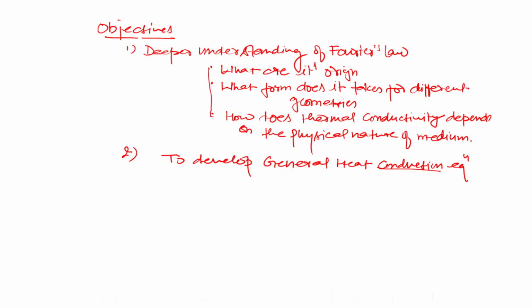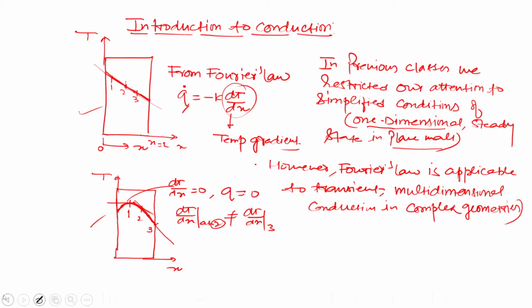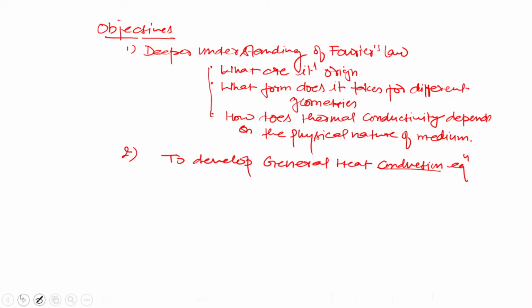And second, once we get the temperature distribution, then by using Fourier's law we can find out the heat flux. Once I know the temperature distribution, that means dT by dx I can calculate. Knowing the temperature as a function of x is called the temperature distribution.